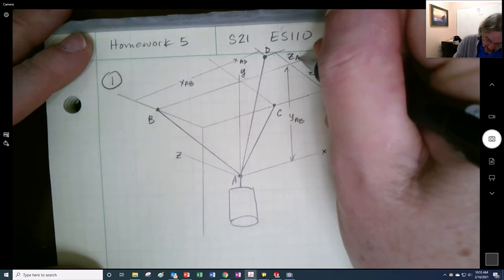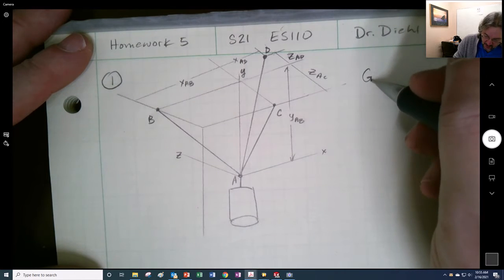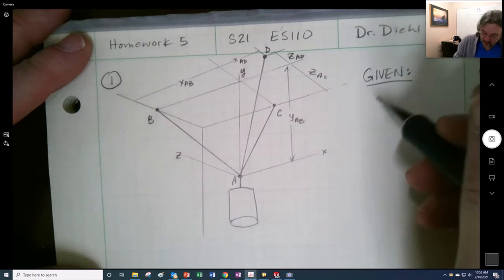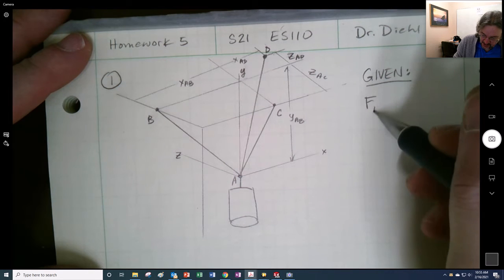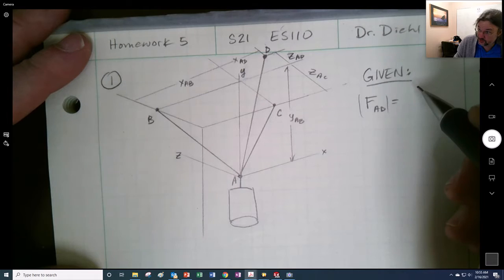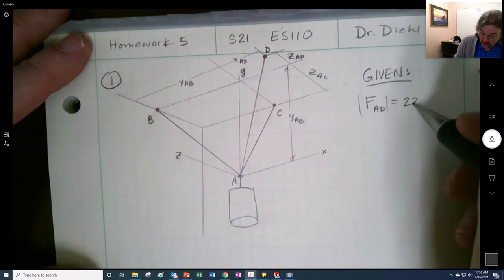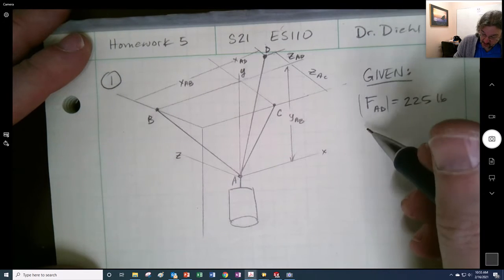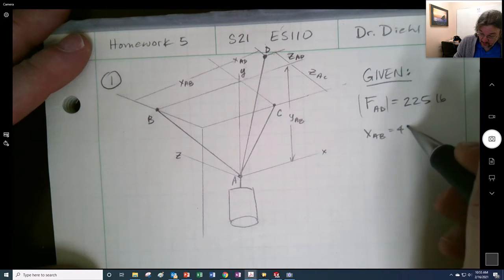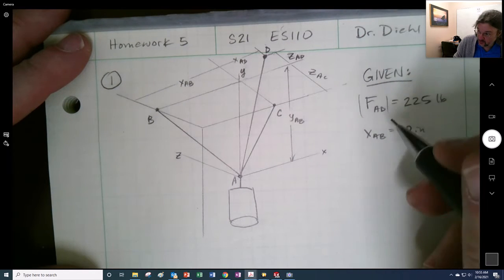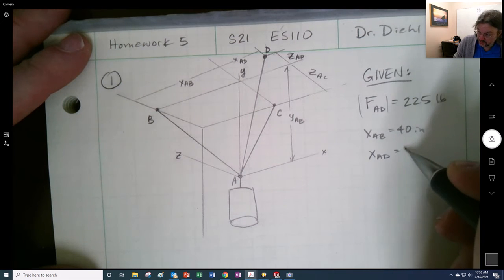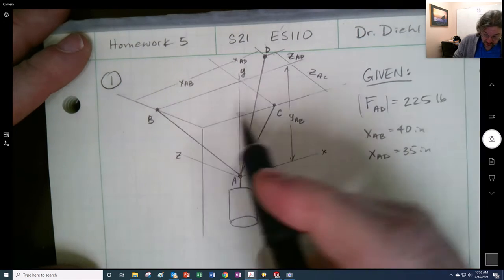Okay, so in the given for this, they told us that the force in AD, the tension, just the magnitude of that, is 225 pounds. I was told that XAB is 40 inches, XAD is 35 inches.